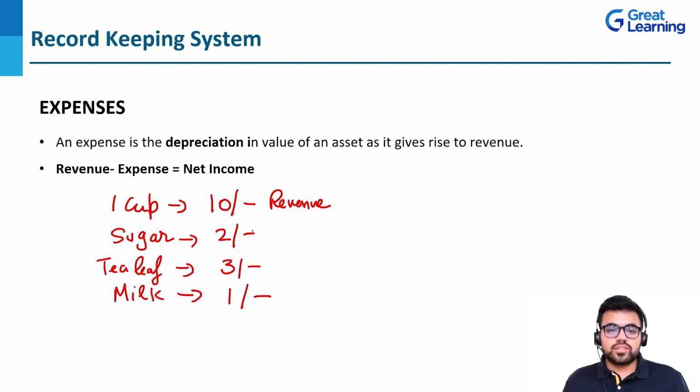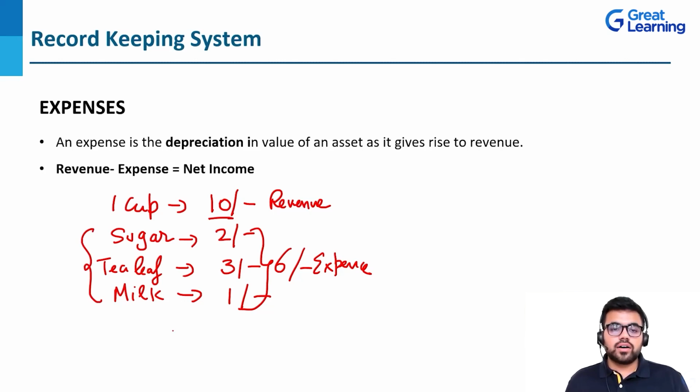So now these three, 2, 3, and 1, your 6 rupees would be your expense. Now, if I subtract the cost that I have incurred out of my revenue, I'll get rupees 4. That is my profit or net income.